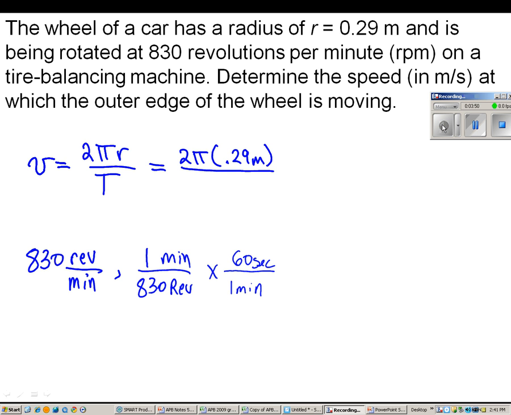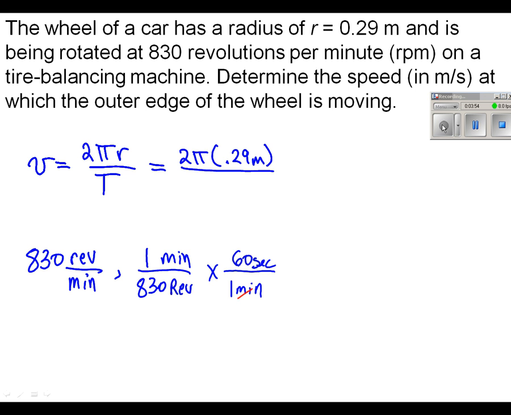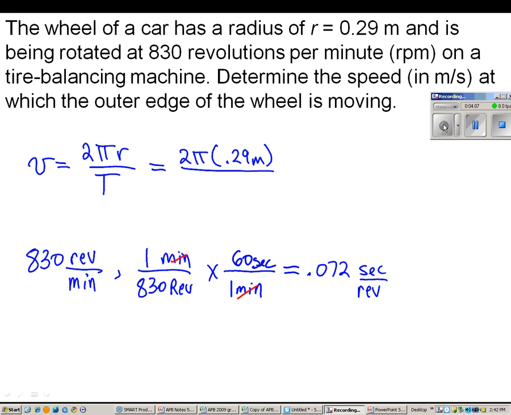I know there's 60 seconds per 1 minute, so now I cancel out the minutes. And I have seconds per revolution, so I take 1 times 60 divided by 830, and that will tell me the seconds for each revolution, which ends up equaling 0.072 seconds per revolution.